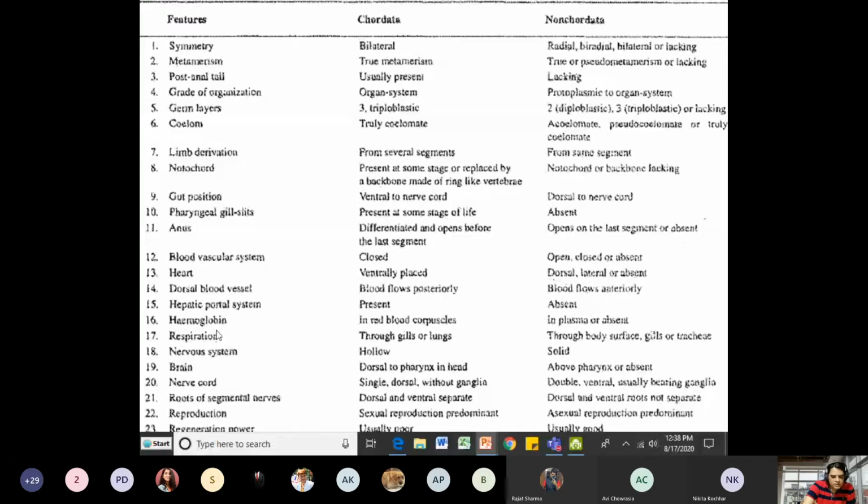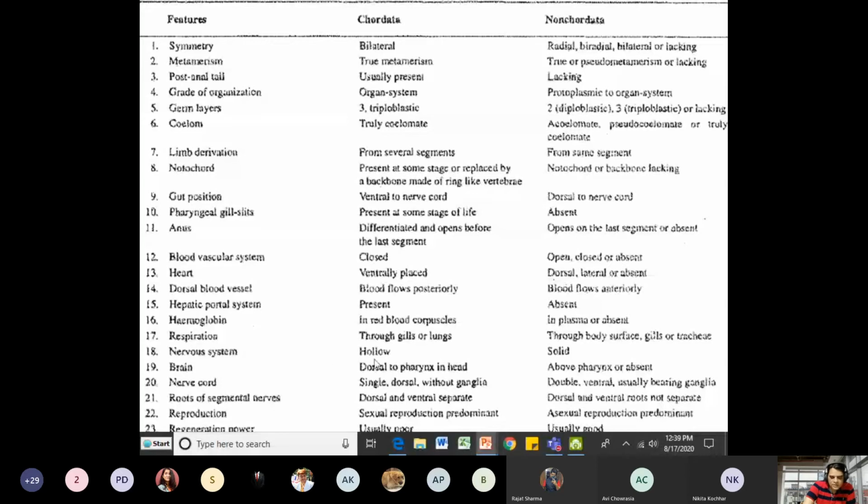Then hemoglobin is also present in chordate blood, in which the RBCs have hemoglobin, which combines with O2 and takes it to all the cells of the body, whereas in non-chordates the oxygen gets dissolved in blood plasma itself because they do not have hemoglobin.